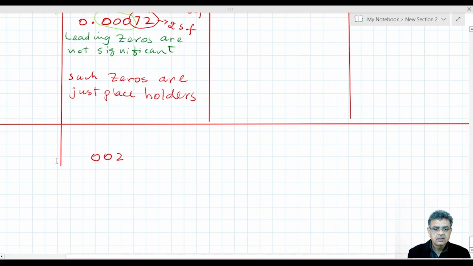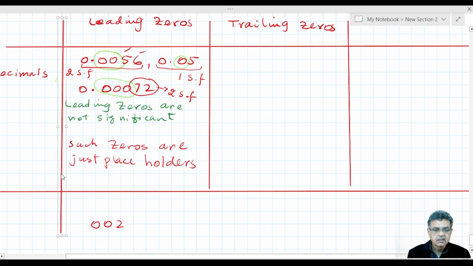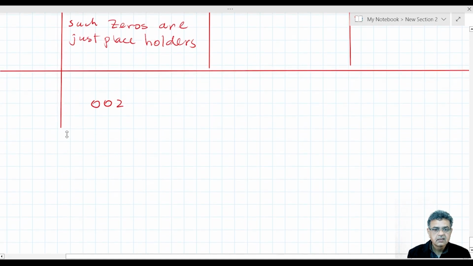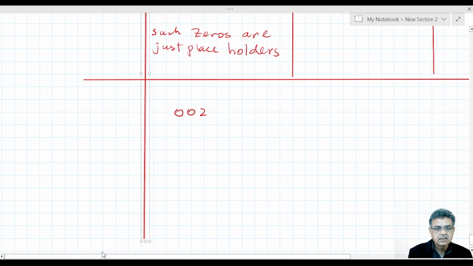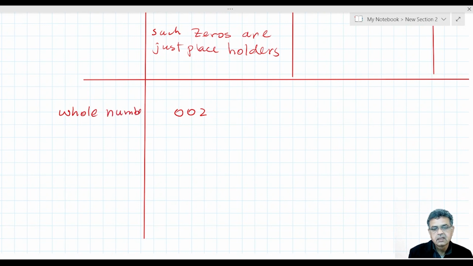Okay. Now, in case of whole numbers, leading zeros in whole numbers. Once again, this is one significant figure, 024 or 076.